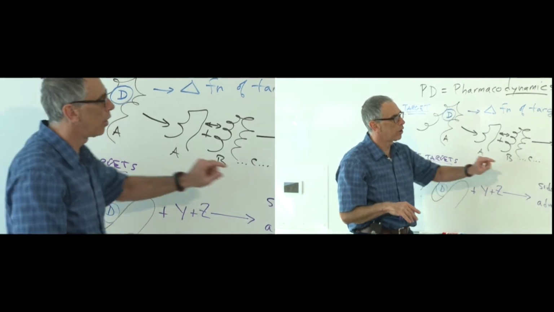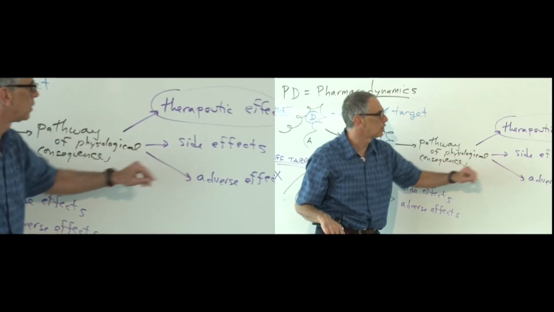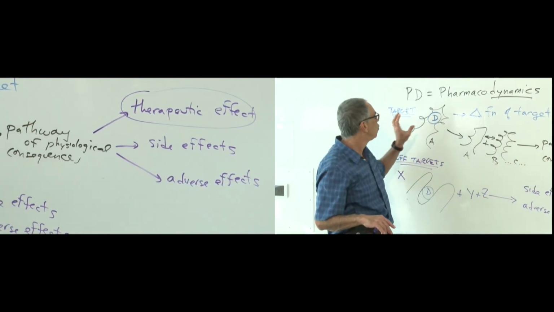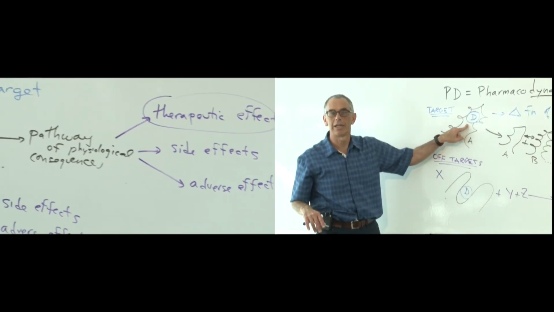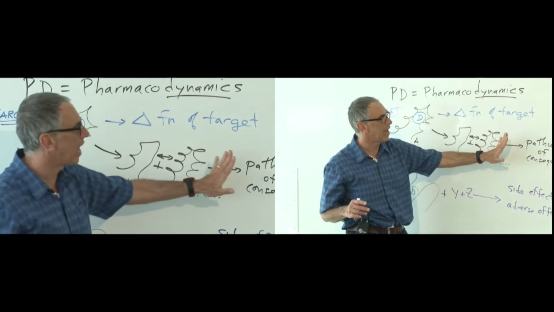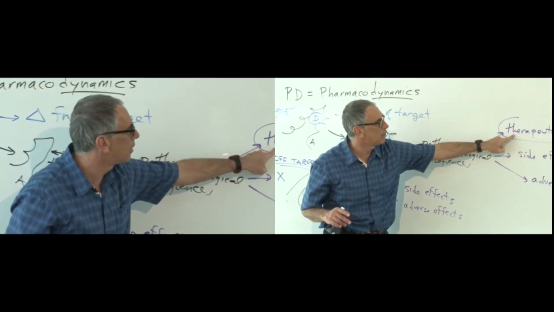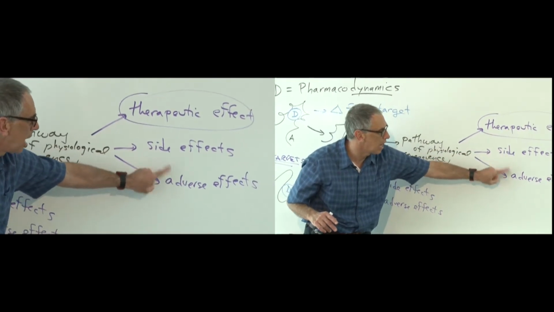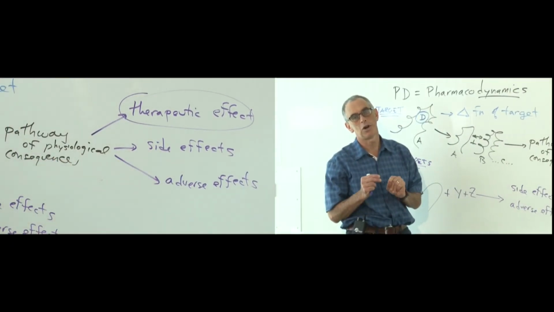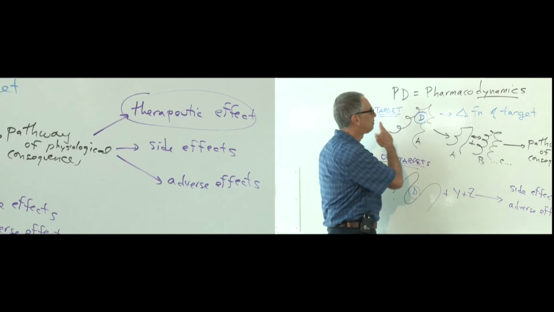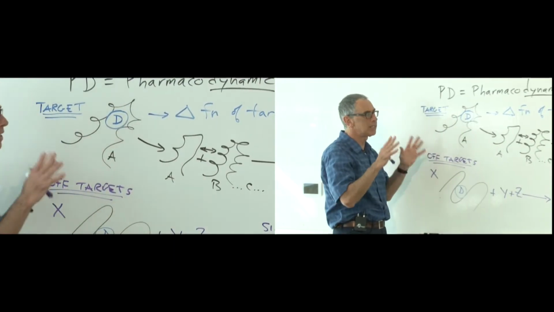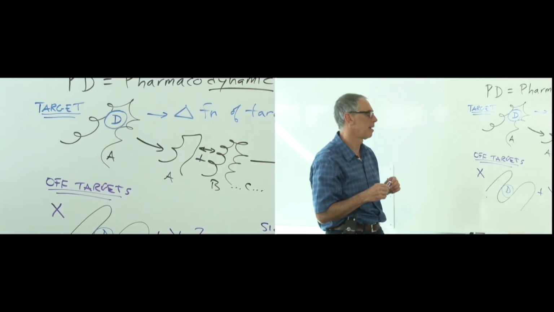It's going to be much harder to get rid of side effects and adverse effects that are part of how the drug works, because you really did want to bind this target and you really did want to have all of these effects. The problem is some of the good things that are happening are being counterbalanced by some of these side and adverse effects. They're going to be much harder to engineer out because it's kind of the cost of doing business with this pathway. So that's an important concept for pharmacodynamics.